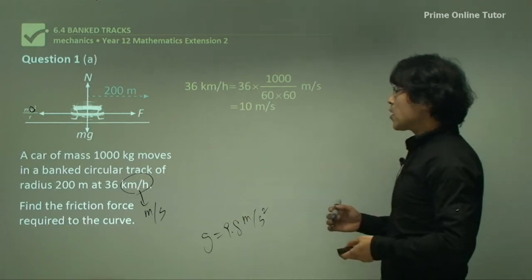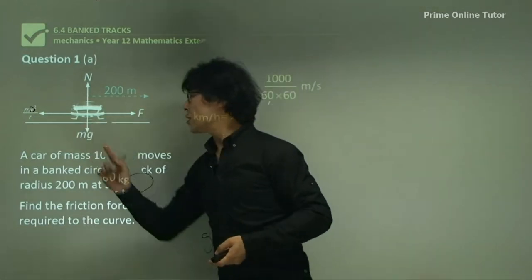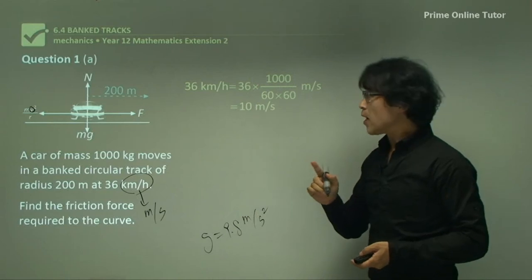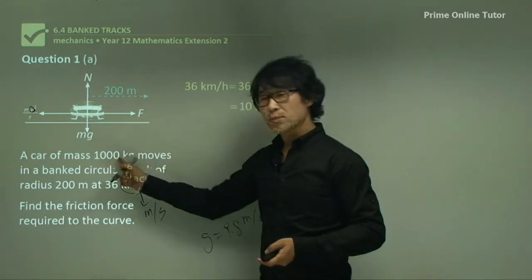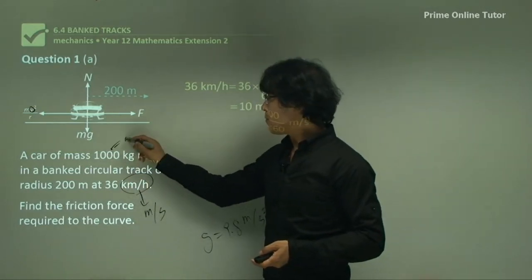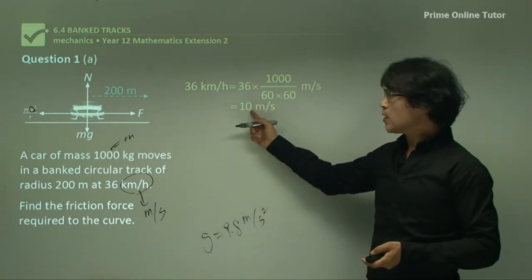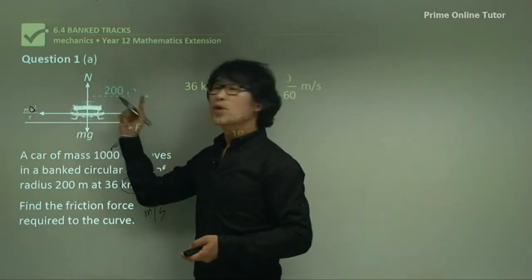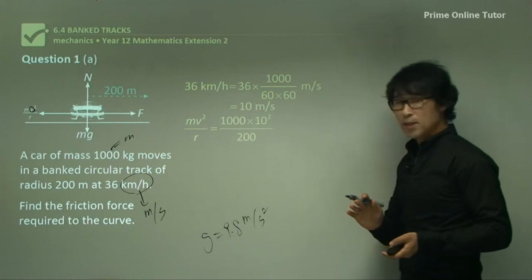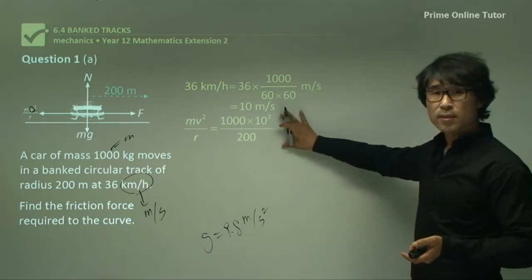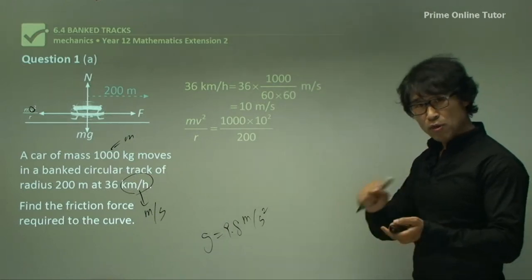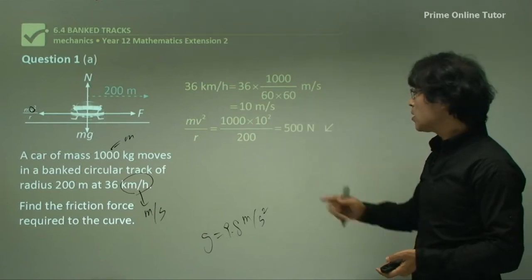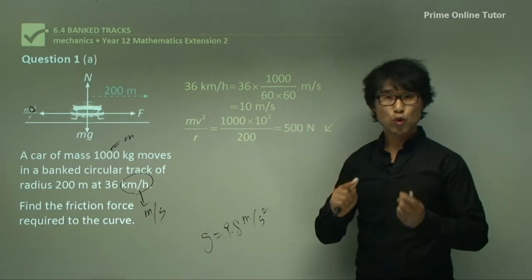And then what I like to do is to just calculate it here: mv squared divided by r. So m is 1,000 kilograms, 10 is the velocity, and r is 200. Substitute everything here. This is the answer for the question. Grab your calculator and you have 500 newtons.